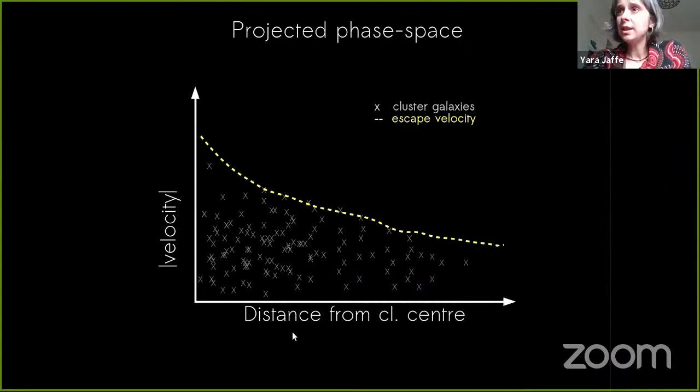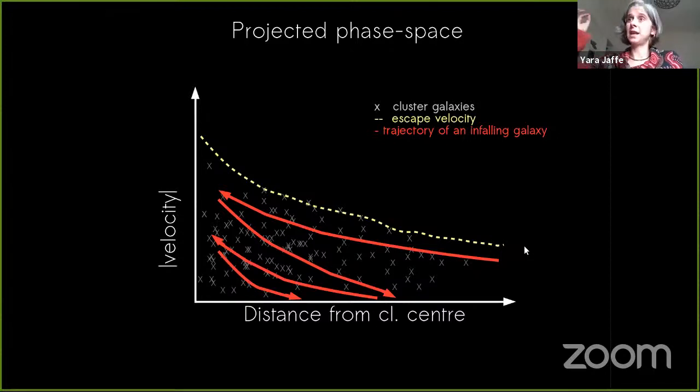So if you plot all the galaxies within a virialized cluster in this kind of diagram, which are the crosses here, this is of course a made-up cluster by me, a cartoon version of a cluster, you have something that looks like this, a virialized system that lies below this line that corresponds to the escape velocity of the cluster.